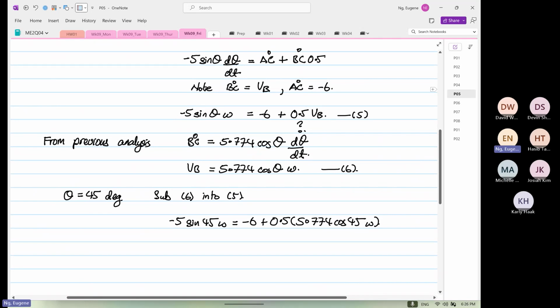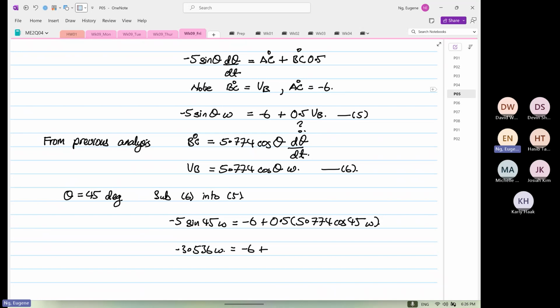So minus 5 times sine 45 minus 3.536. I do it again. Minus 5 times sine 45 minus 3.536 is equal to minus 6 plus 5.774 times cos 45 times 0.5, 2.041 omega.